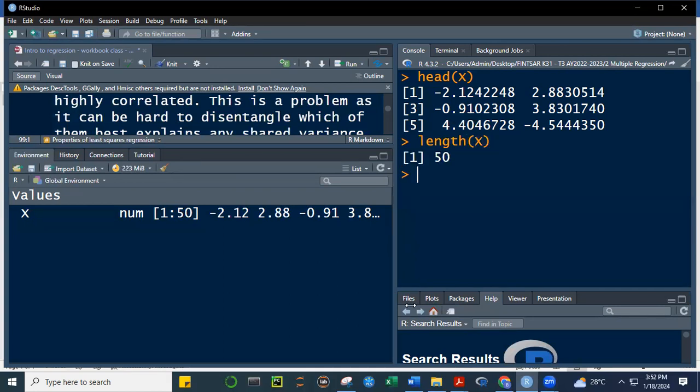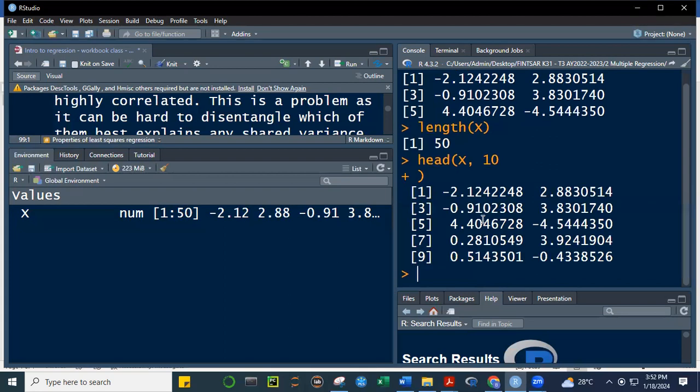For a vector, we can use length. Length of x is 50, so there are 50 observations. And then head x, by default, will generate the first 6 observations. And if I make it 10 observations, Control Enter, there, first 10 observations.